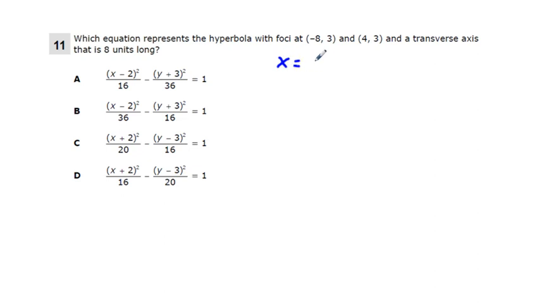So we get -4 over 2, which equals 2. And so for x, if we have that x comma h, we're going to look for x minus 2, because we're going to be to the right here. X minus 2. So anything without x minus 2 is gone. So D, x plus 2, gone.